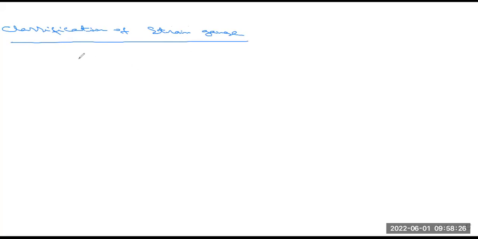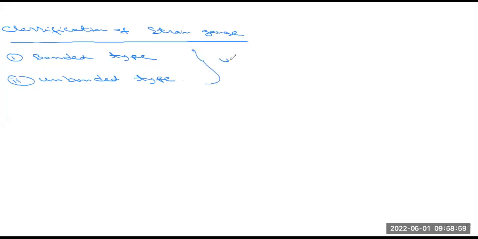So this is basically classified into two categories. First one is the bonded type, and number two, unbonded type. These bonded and unbonded types come from the wire strain gauge.